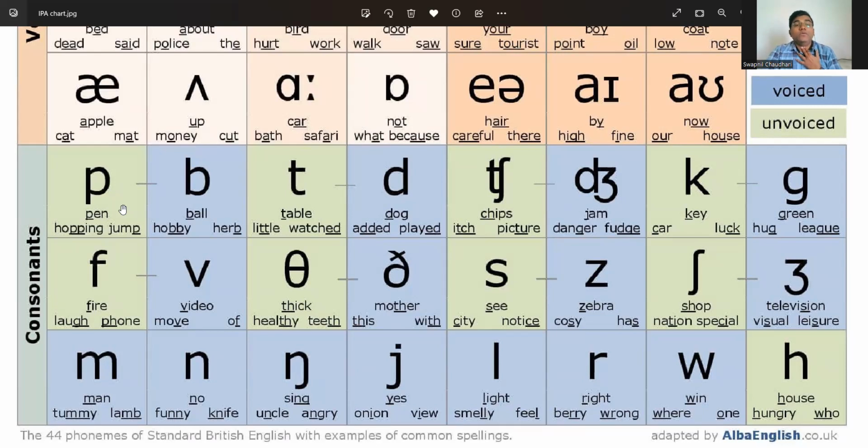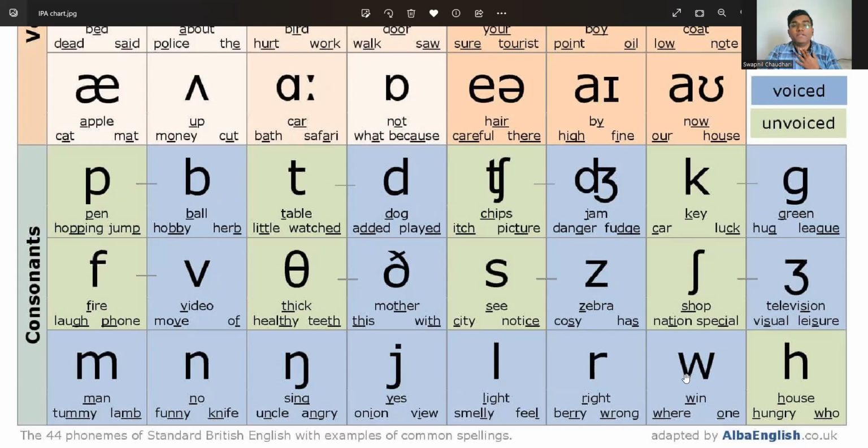Pa, pa, ta, ta, cha, sa, ka, sha, ha. Versus now try to say ba, va, da, ja, za, ga, ma, na, nga, ya, la, ra, wa.